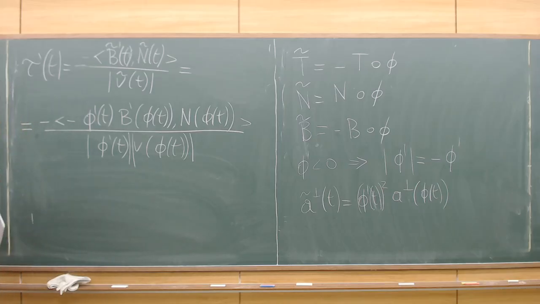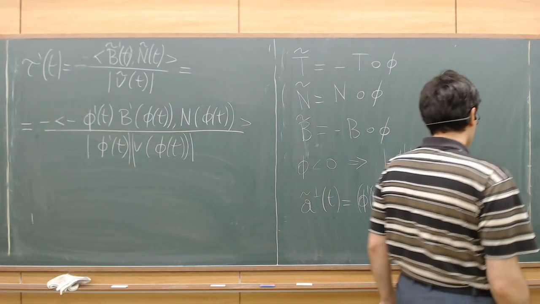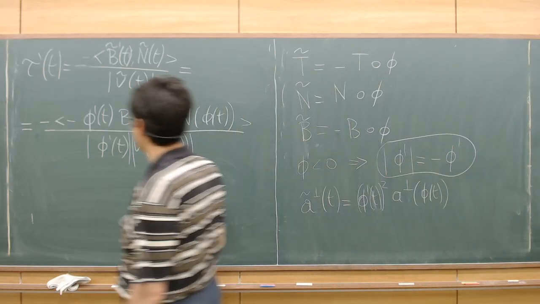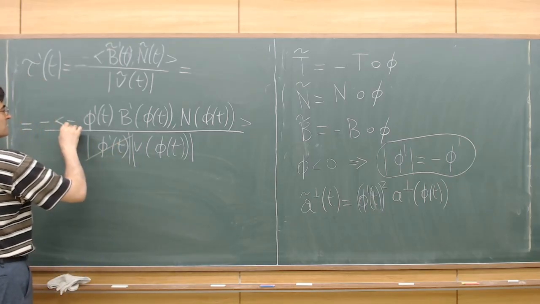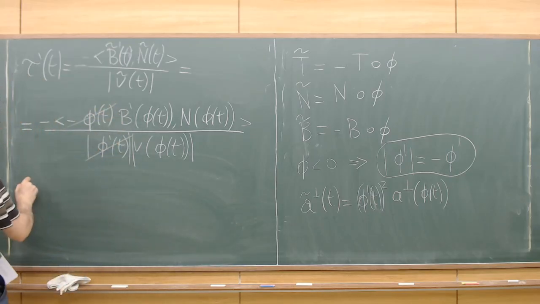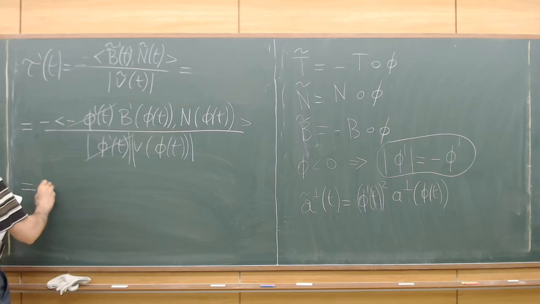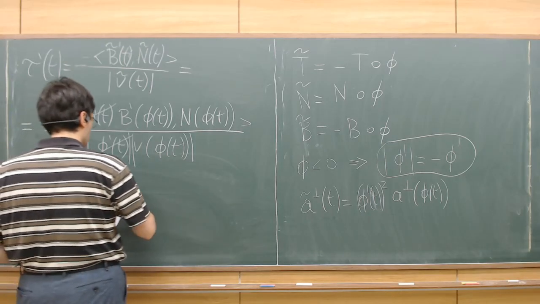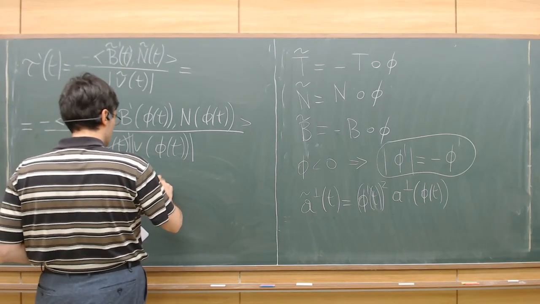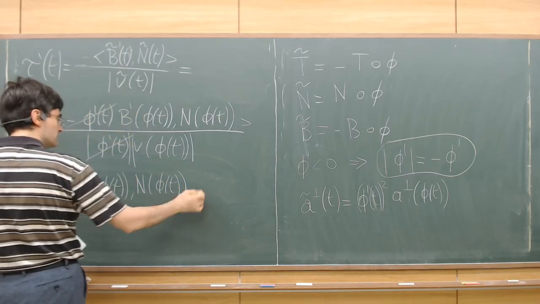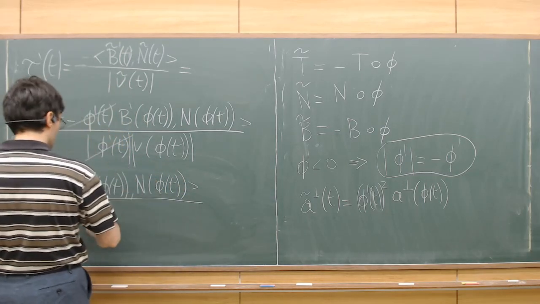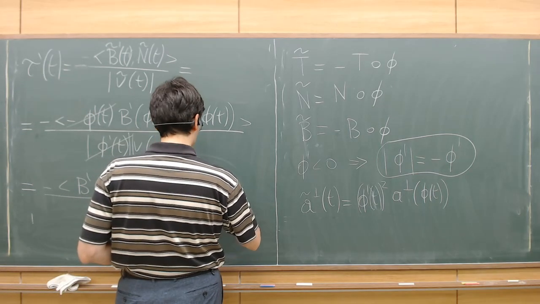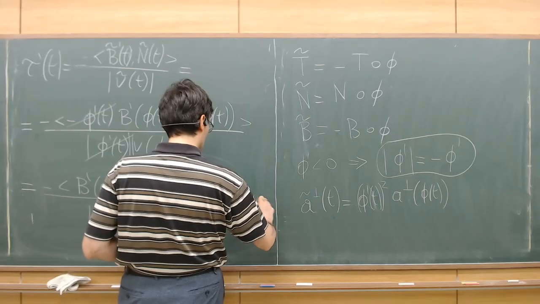Now we are in the case when phi prime is negative, so you have this identity here, and this means that this factor and this factor will cancel out, and what you get is exactly minus b prime of phi of t times n of phi of t, divided by the length of v of phi of t, but this is nothing but tau of phi of t.